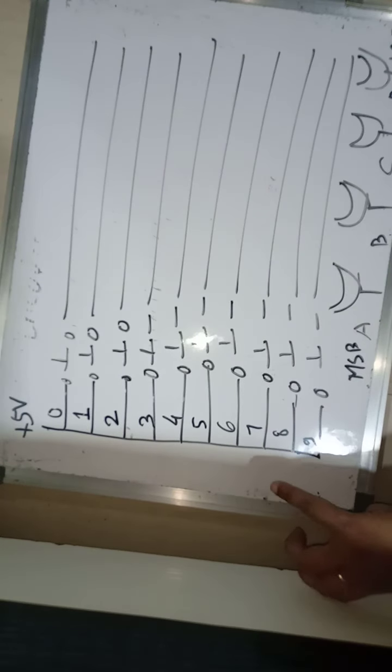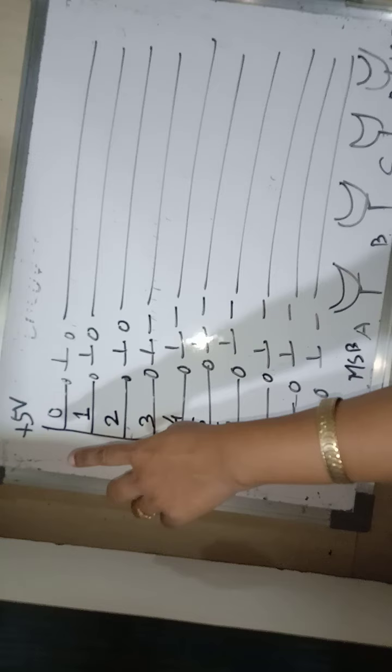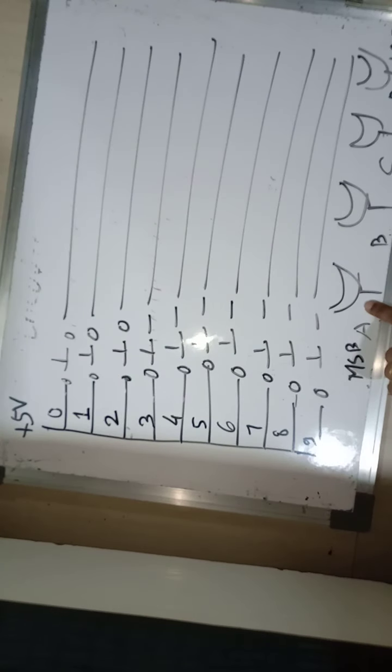Now we can see that we have numbers from 0 to 9. When a particular decimal number is pressed, it is connected to the high voltage, the 5 volt, to the corresponding OR gate.